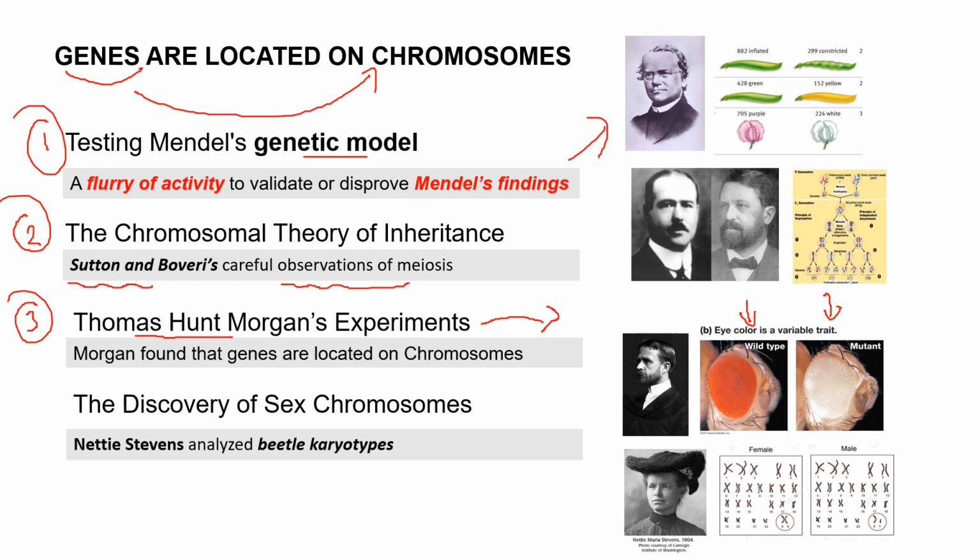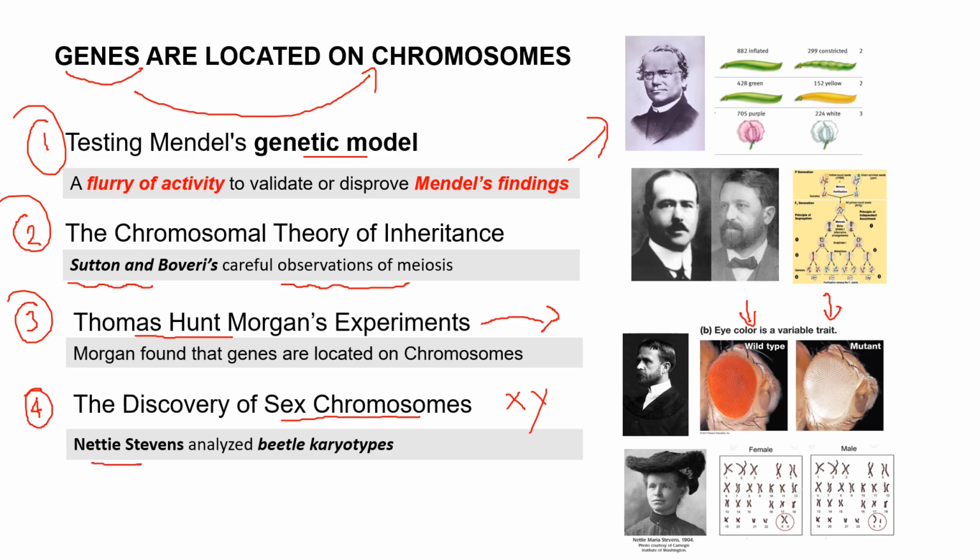Finally, at the end, I will talk about another piece of information that was fundamental for Thomas Morgan to understand that genes were located on chromosomes, and it was the discovery of the sex chromosomes. If you remember, there are X and Y chromosomes.